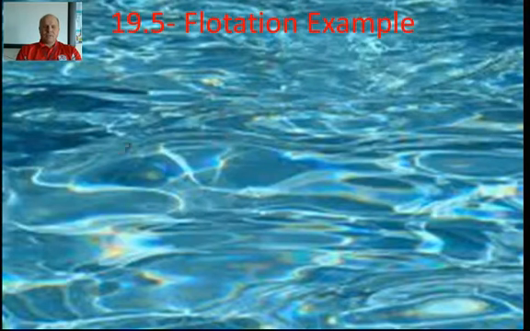Okay, so for example, if we have this water and we put that same block of steel that we talked about before right on top, what do you assume it's going to do? Well, it would obviously just sink, go to the bottom.